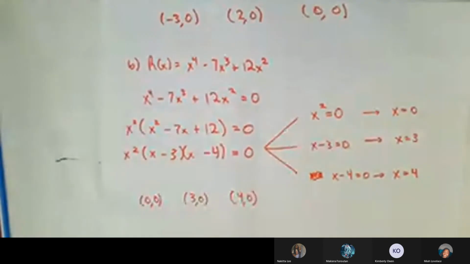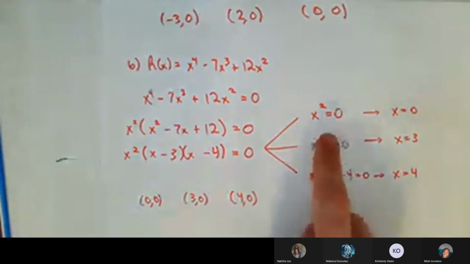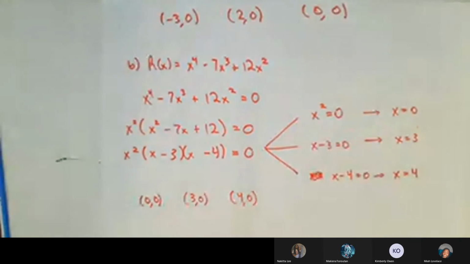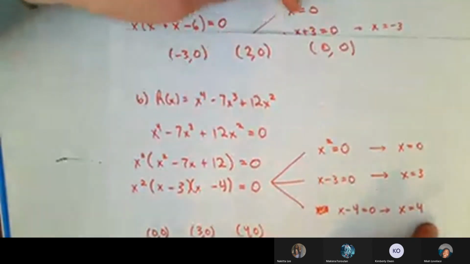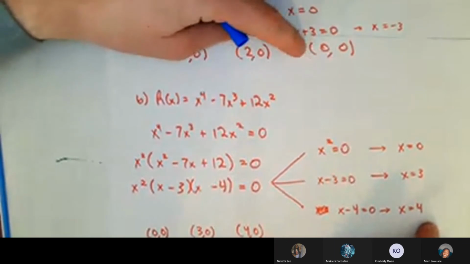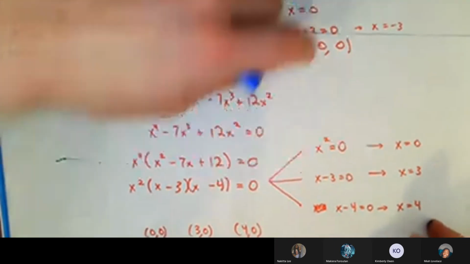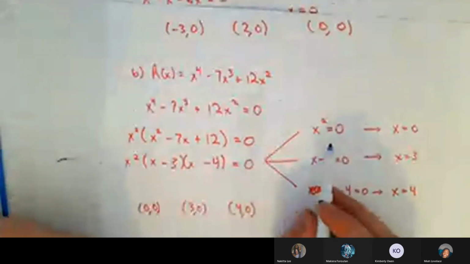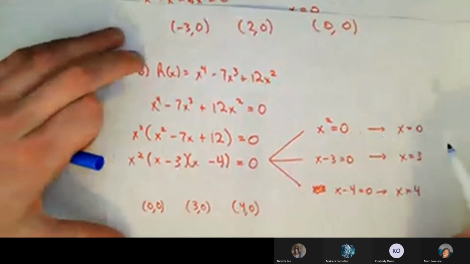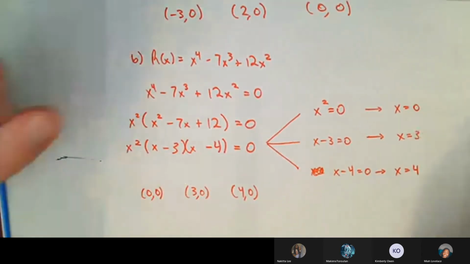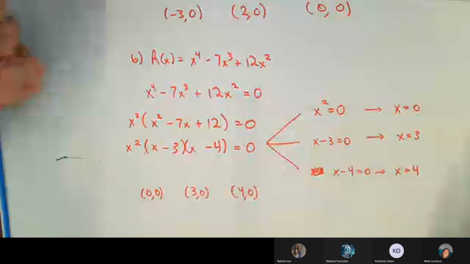So what's the difference here? The difference lies right here, where in the last problem we had just x equals 0, giving us an x-intercept of (0, 0). And here we have x squared equals 0, but does it really matter because it just ended up giving us still 0, of course, right? So does it matter?